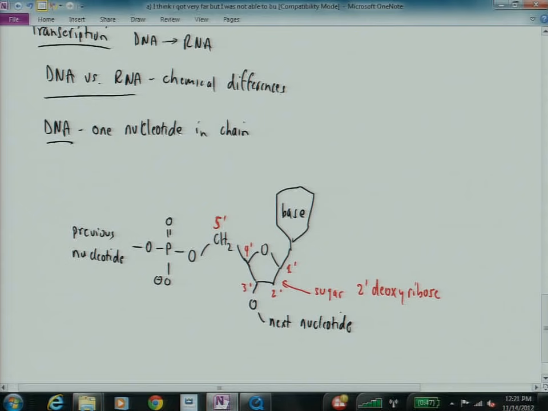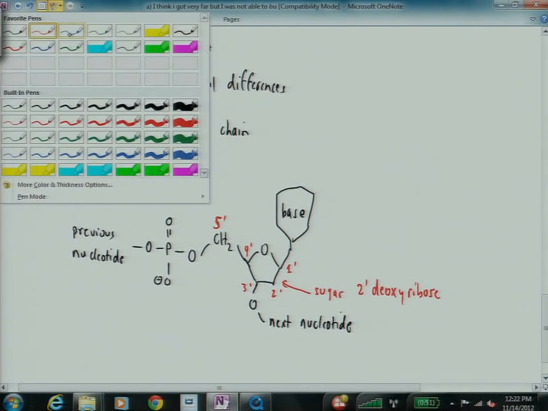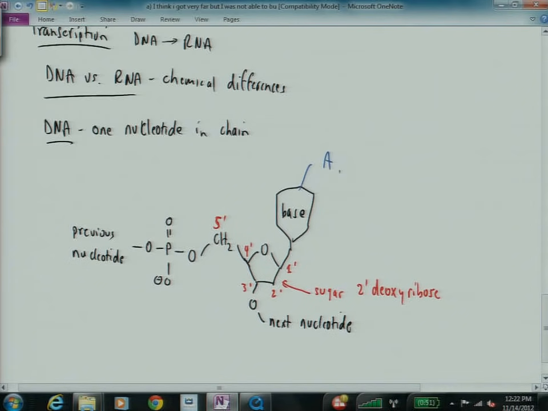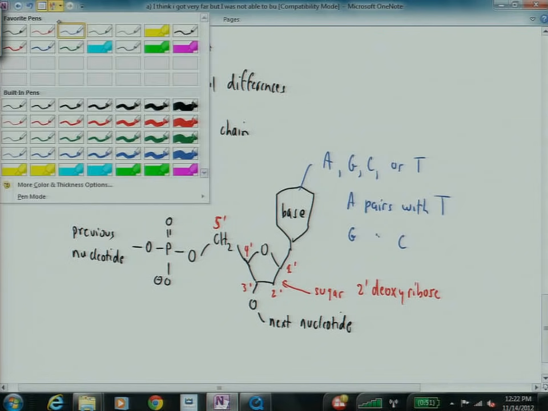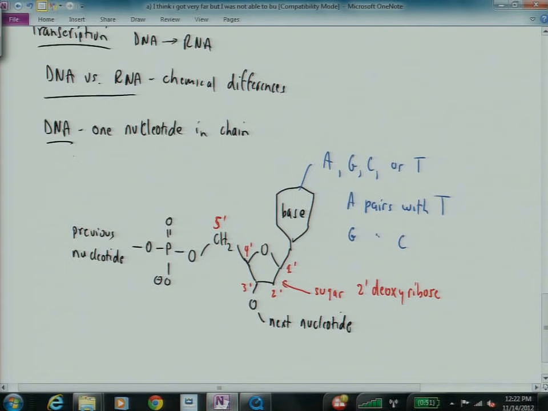So a couple of other details about these guys. The base is A, G, C, or T, and A pairs with the T, and G pairs with C. The other thing about DNA that's important to know is that DNA is used for information. It's for information storage, and it breaks down slowly.